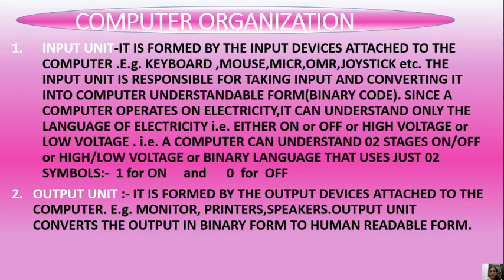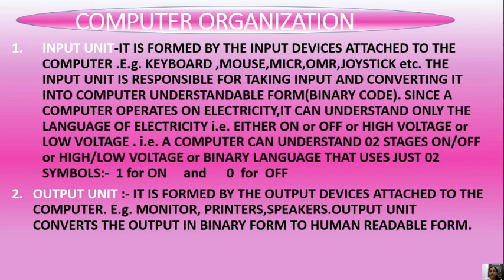The input unit is responsible for taking input and converting it into computer understandable form. Computer understandable form means binary code, or 0 or 1 we can say. Since a computer operates on electricity, we know that using electricity we can turn on our computer.